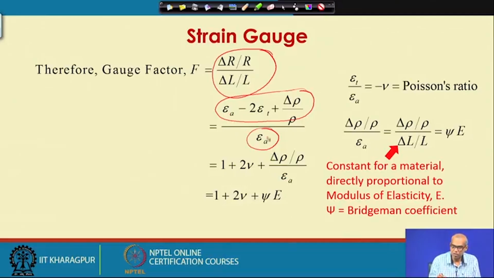Just divide all these terms by epsilon A. So, this will be this. Note that transverse strain divided by axial strain is Poisson's ratio.